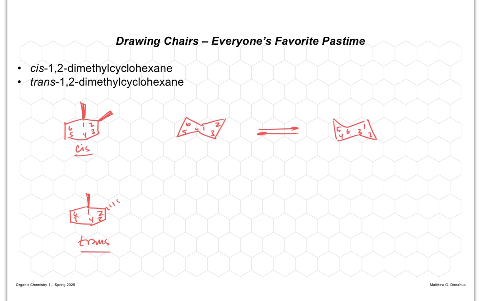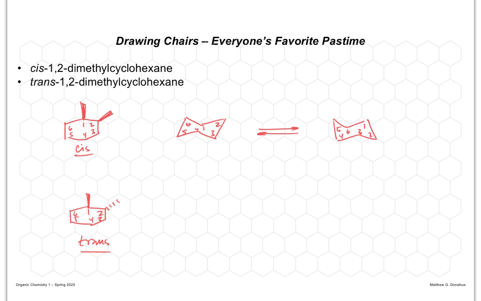When we flip it, see carbon 1 is down, and then we flip it, it's now up. Carbon 2 is up, and then we flip it, so it's down. So really what's changing is sort of your angle of how you view that chair.